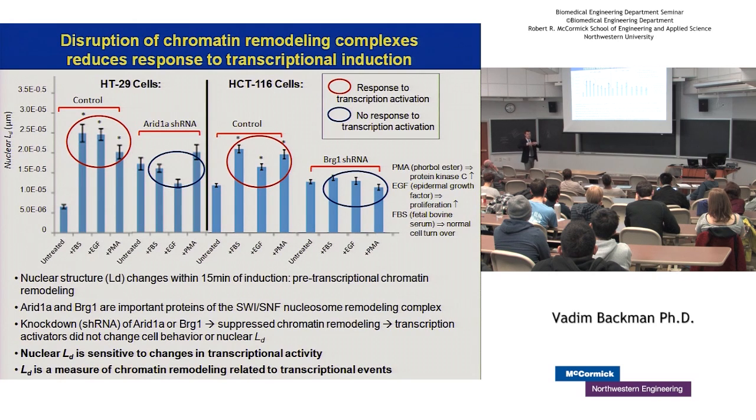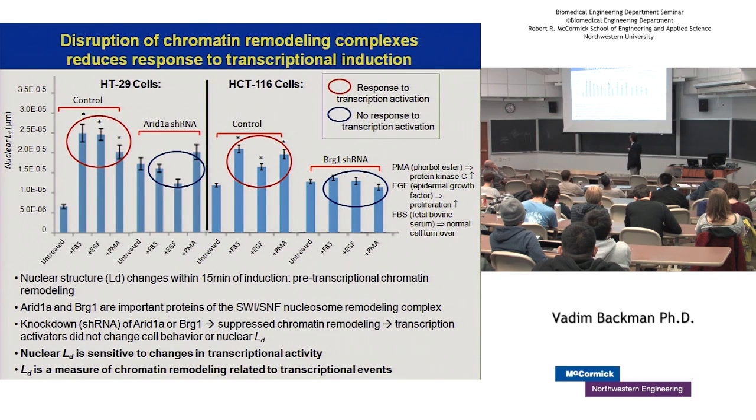Chromatin has to essentially open up in the particular part where the gene is to be transcribed to allow transcription factors to diffuse into the site and allow gene transcription. So chromatin remodeling is the first step in gene transcription.